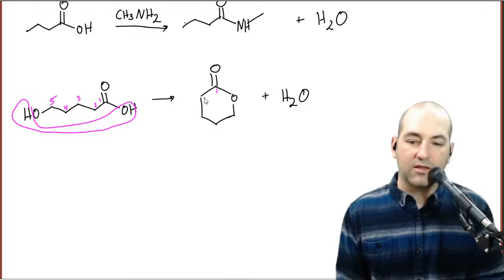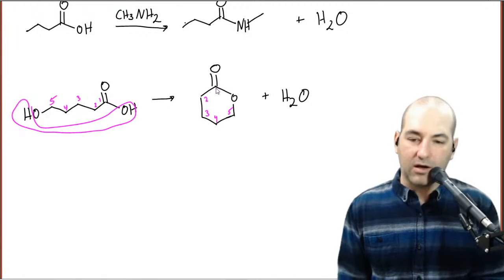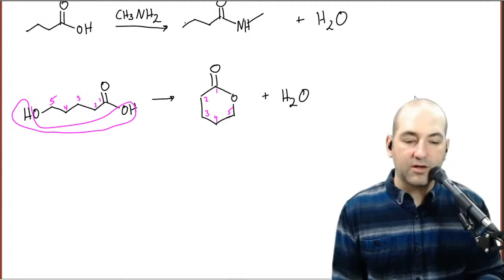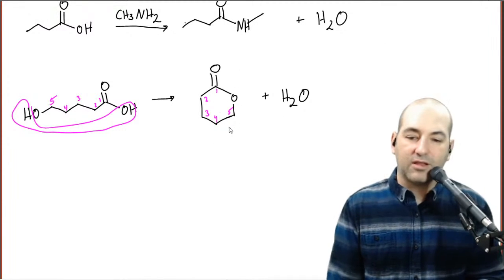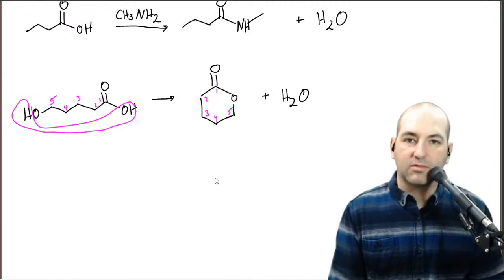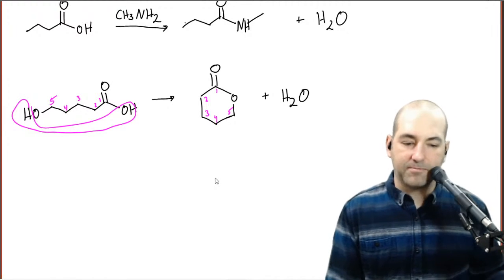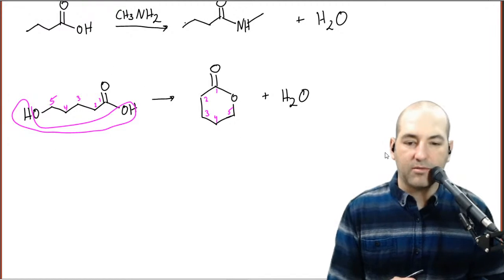So if we count those again, that's carbon 1, 2, 3, 4, and 5, and then the oxygen. So the oxygen on carbon 5 is now connected to carbon number 1, the carbonyl carbon. Just as with these other examples above, it's just happening in the same molecule. And this is called a lactone, and that's important in some flavors and smells and things like that. We'll also see this type of behavior in carbohydrates next week.